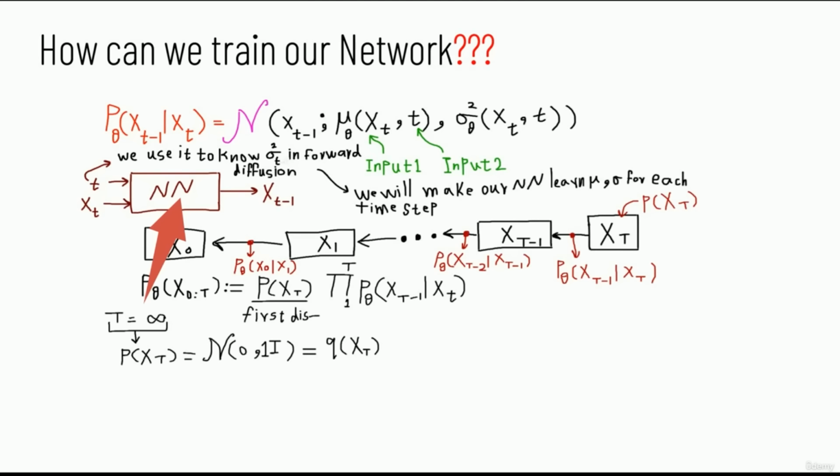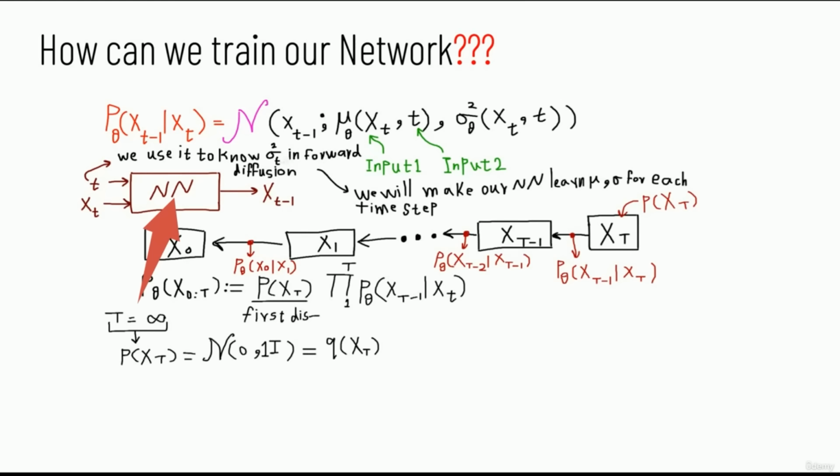Let's say that if the time step is equal to 10, the level of the noise that we added in this time step is higher than the level of the noise that we added in time step 1. And the second thing that we will pass through our neural network is x sub t. And our neural network will return the predicted mean and variance.